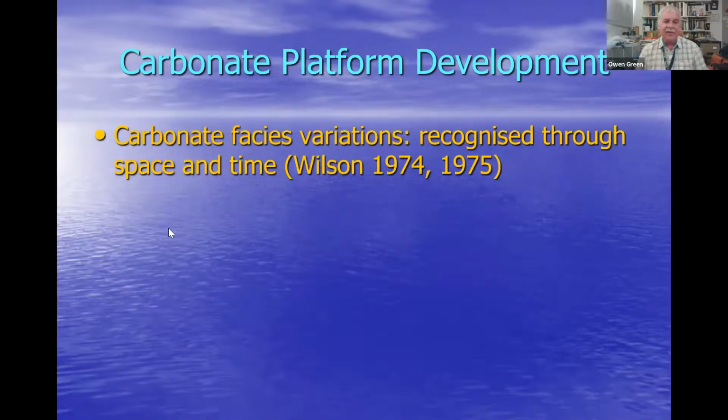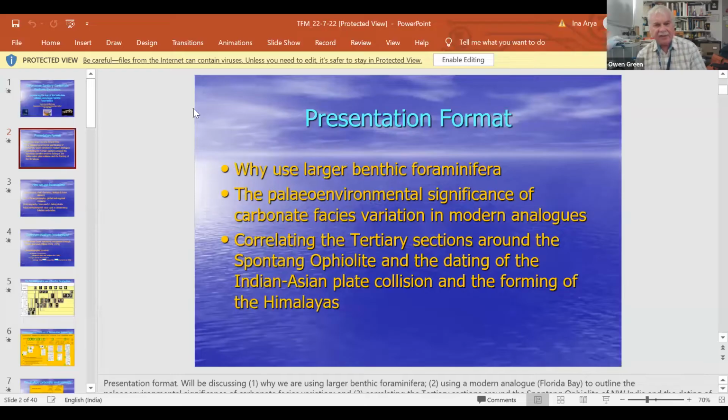Okay, so carbonate facies variations have been recognized through a number of time periods. And what I want to discuss here is why we use larger benthic foraminifera and their paleoenvironmental significance within carbonate facies variations.